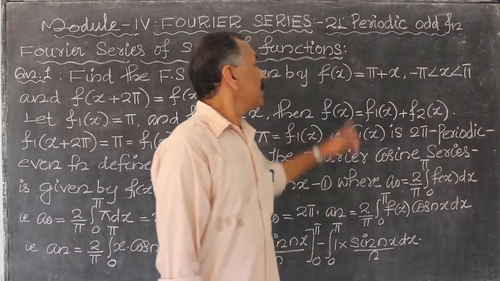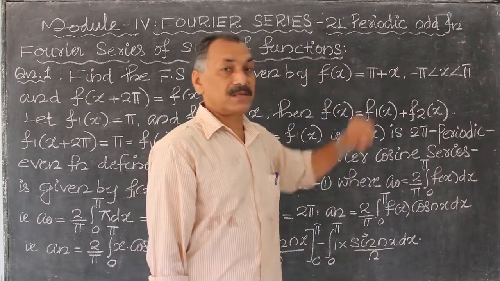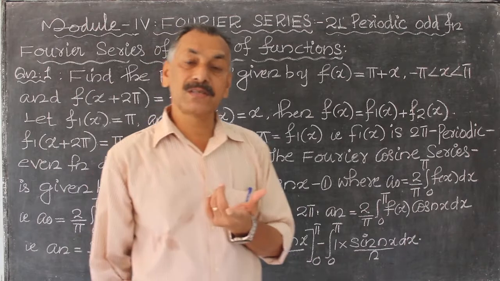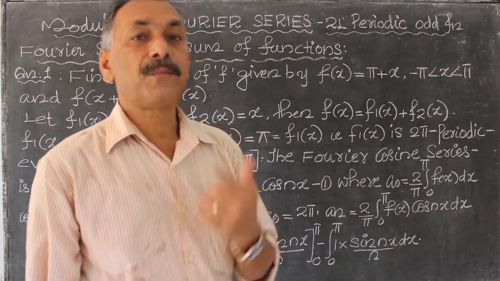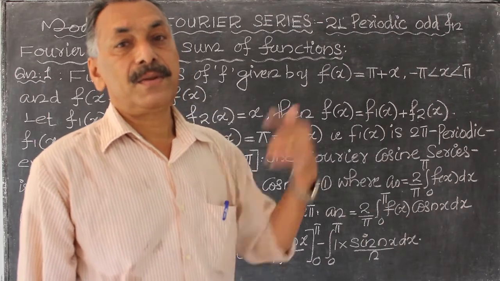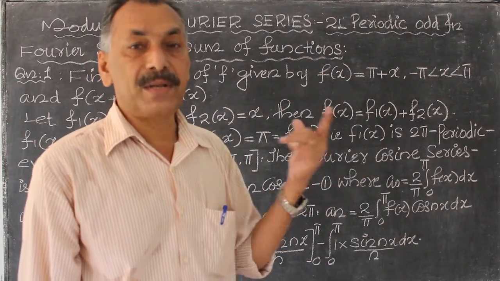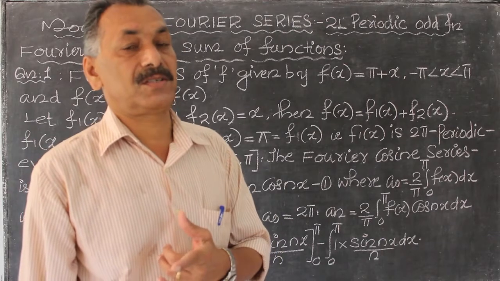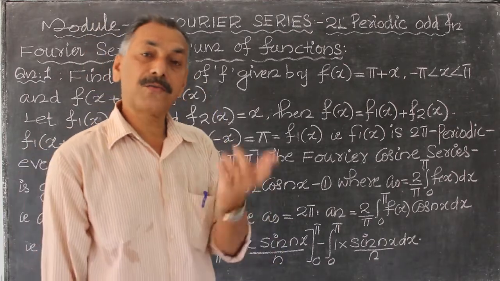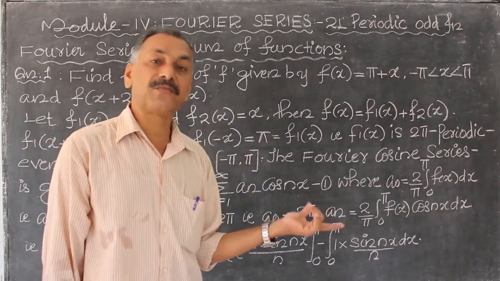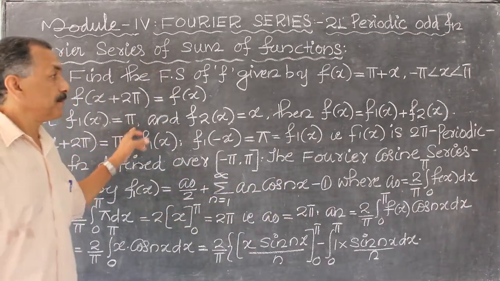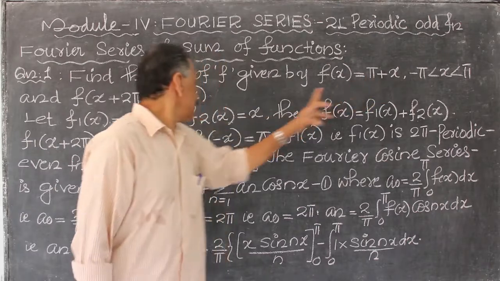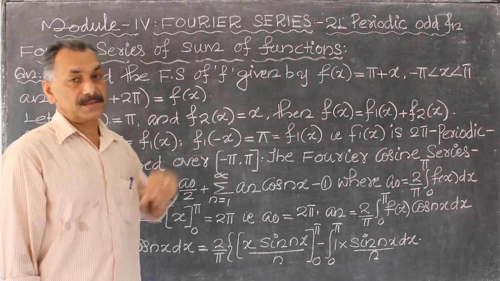Then this given function f of x is equal to pi plus x, which is the sum of two functions, the functions pi and x. To find the Fourier series of the given function, let f1 of x be equal to pi, first of all, and f2 of x be equal to x.